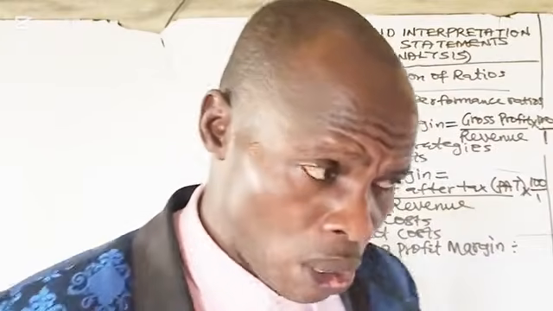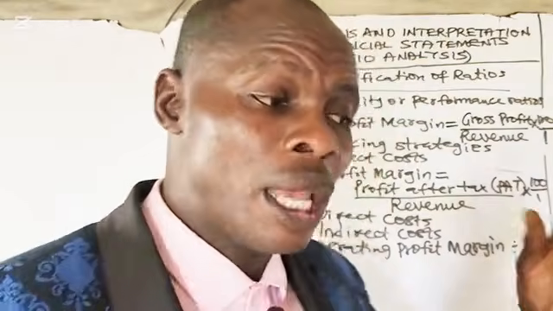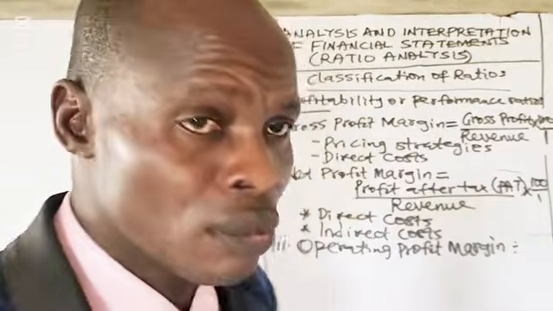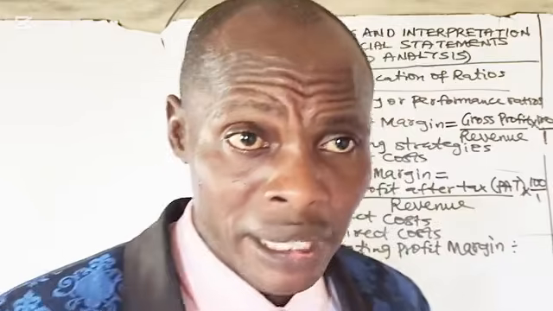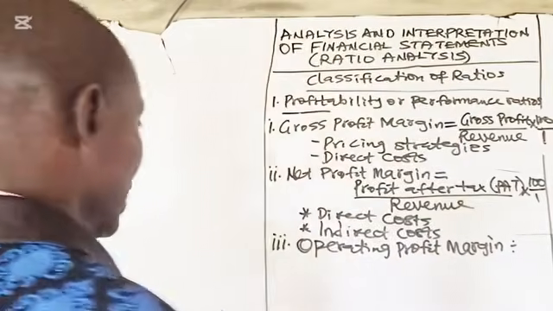For this ratio, the higher the better. And your operating income is your EBIT, earnings before interest and tax, or profit before interest and tax.